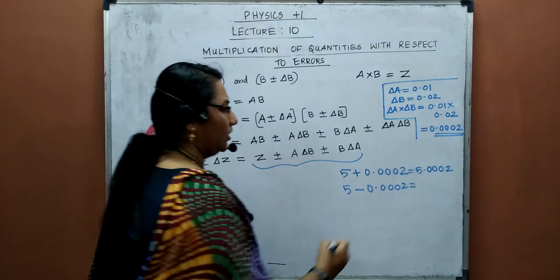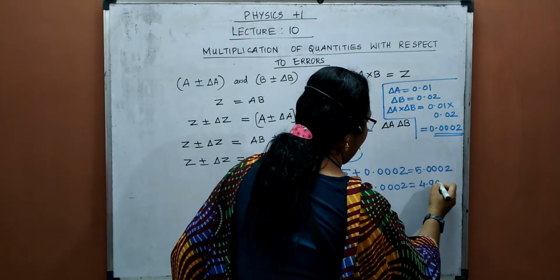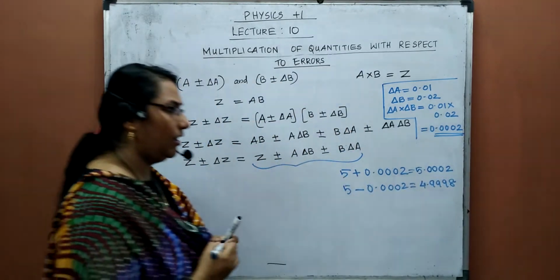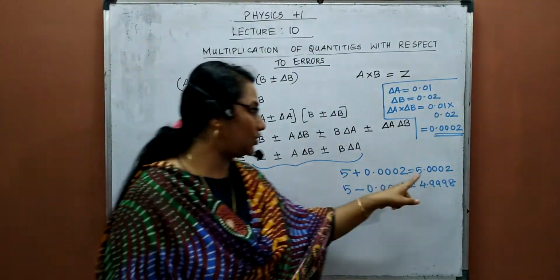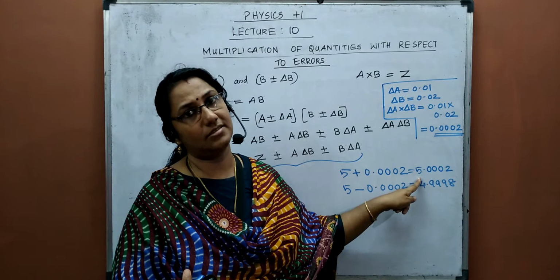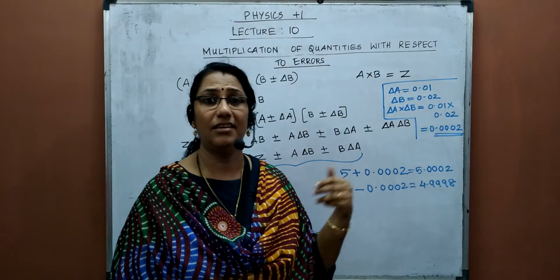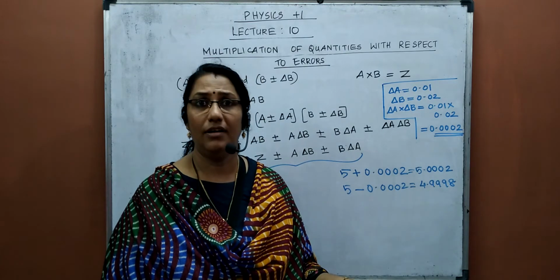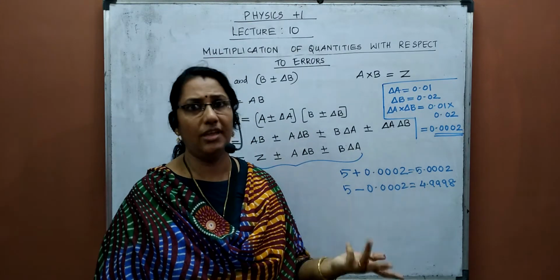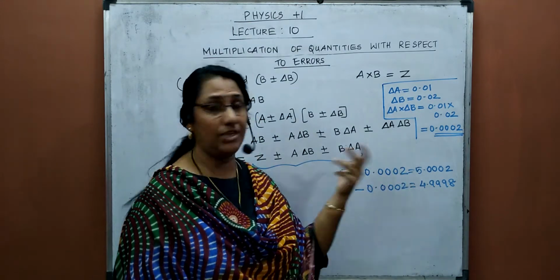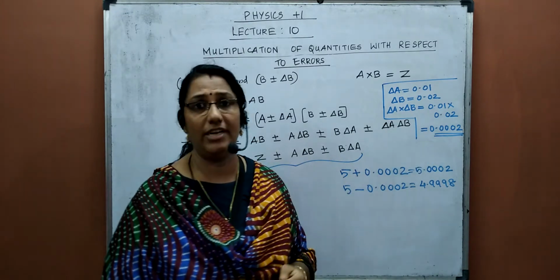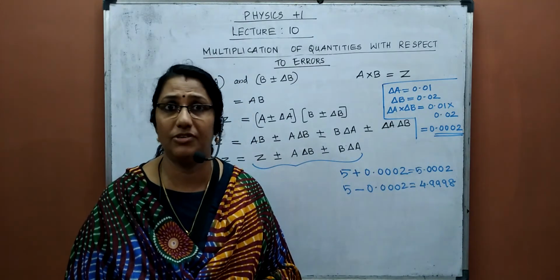Suppose we subtract this small value. What will be the effect? 4.9998. For us, this value is taken as 5 itself. Is there any change in the value when a very small quantity is added to it or subtracted from it?